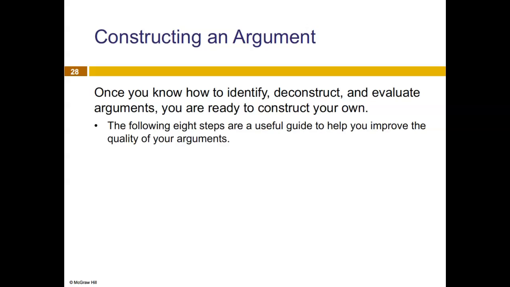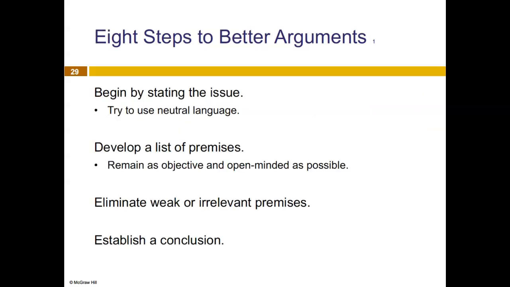Constructing an argument. Once you know how to identify, deconstruct, and evaluate arguments, you're ready to construct your own. These are 8 steps that you're going to use to help you improve the quality of your arguments. Begin by stating the issue, develop a list of premises, eliminate weak or irrelevant premises, and establish a conclusion.